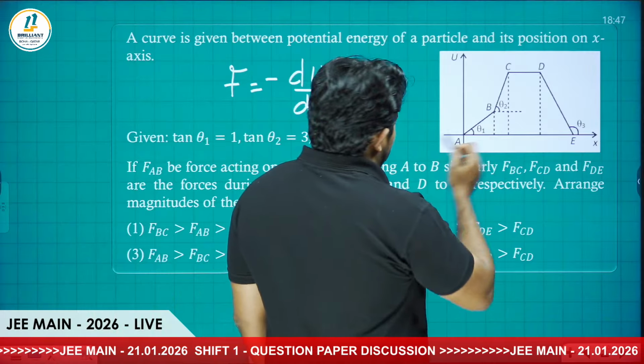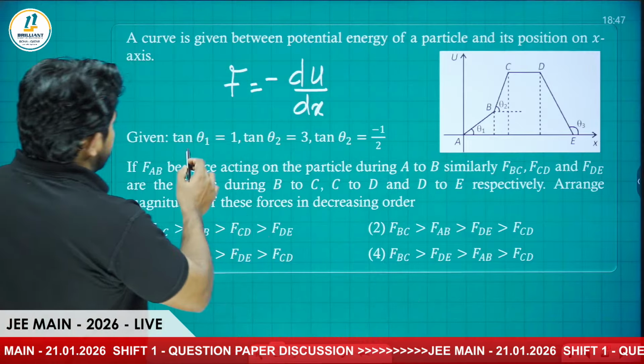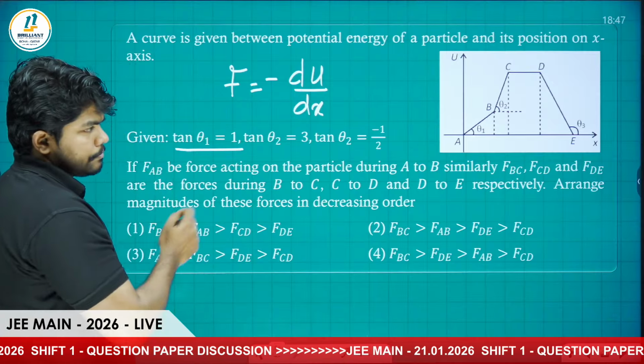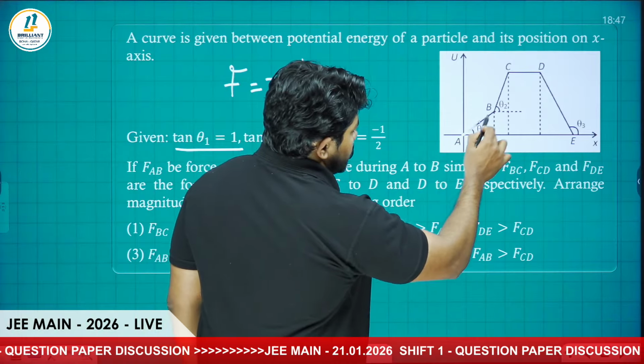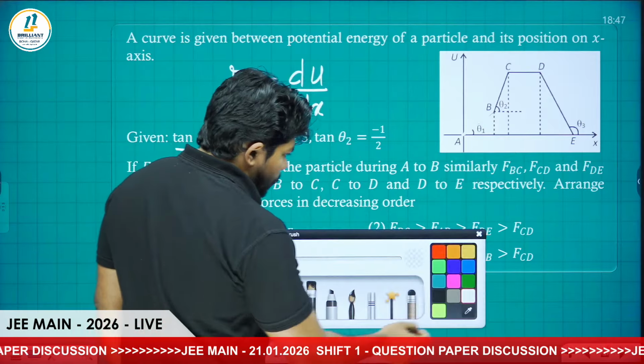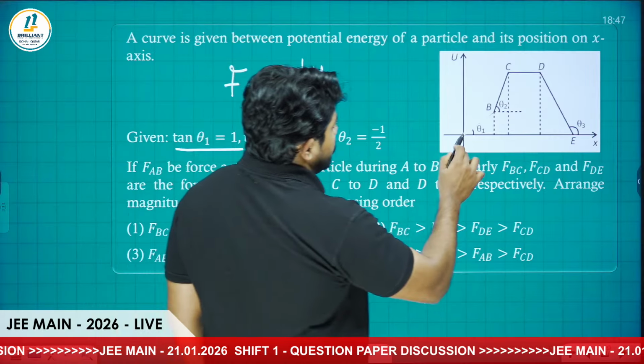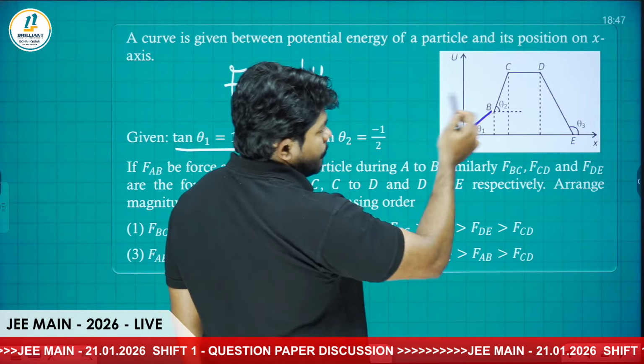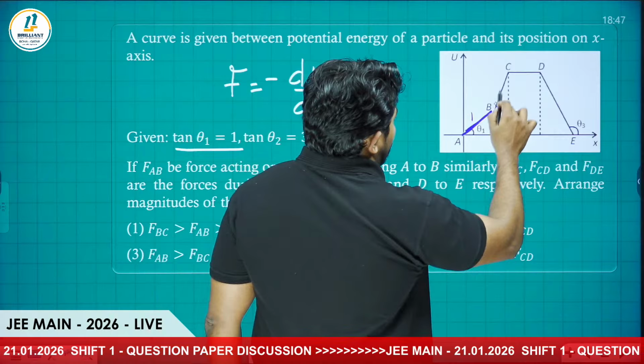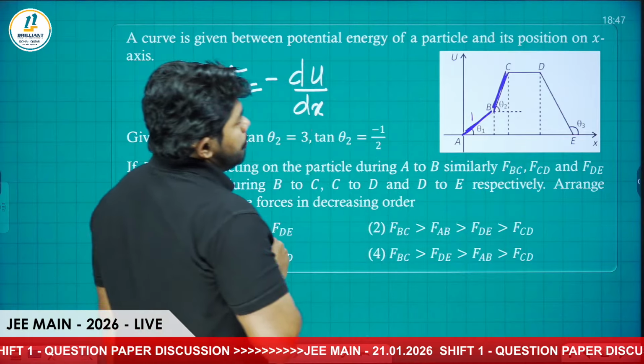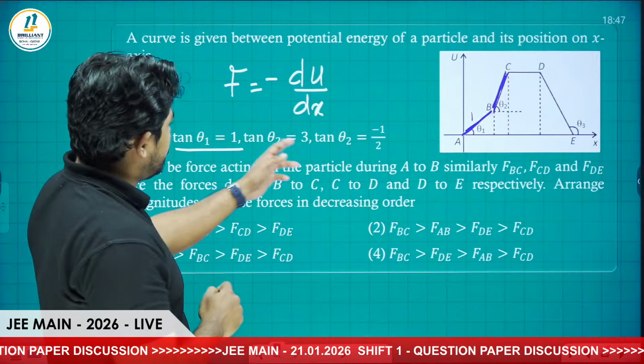So if you look at the graph, some values are given, like tan theta 1 is 1. Okay, that means what is the slope of this part? The slope of this part is equal to 1 they are giving, and also what is the slope here? Slope of BC is given as 3.